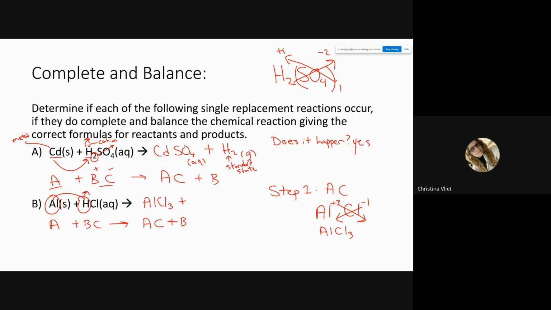Hydrogen. How does hydrogen get kicked out? H2. You have to provide the standard state. When hydrogen gets kicked out, it gets kicked out as H2 every time. Step 1 done. Step 2, balance the equation.